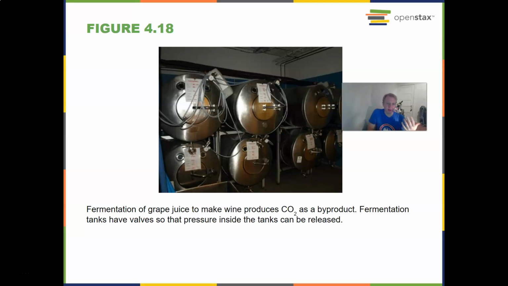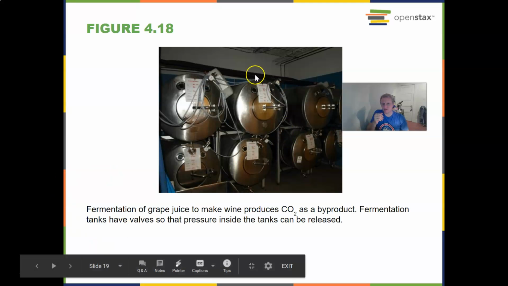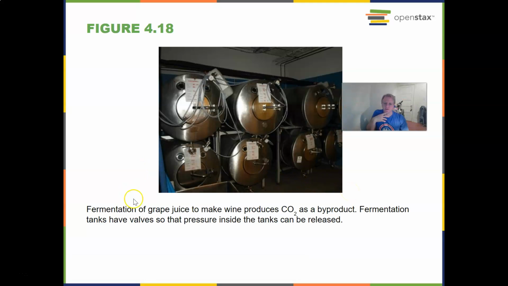Like yeast don't care about making beer for you. But it does allow them to survive in anaerobic environments, where maybe there isn't enough oxygen. And here are some folks making some beer in these little tiny fermenters here. Oh, this is fermentation of grape juice. They're making wine, I'm sorry.